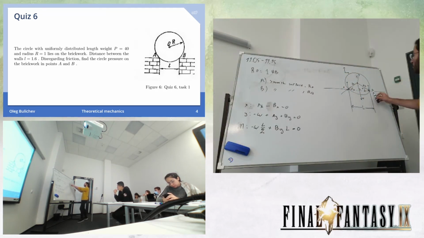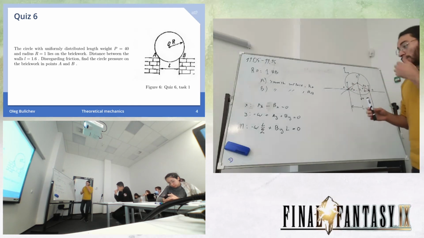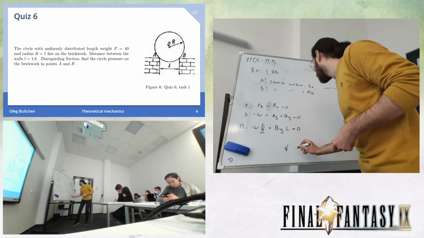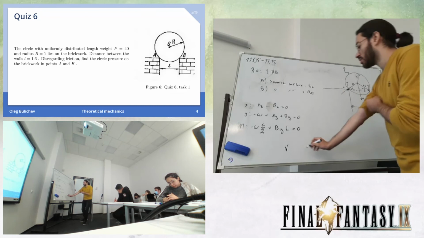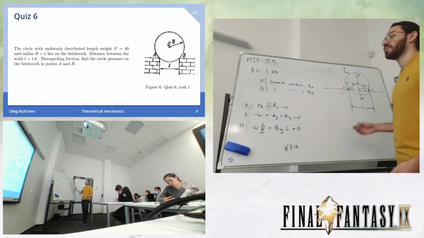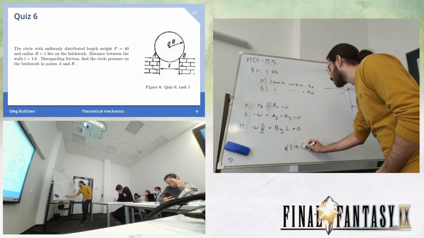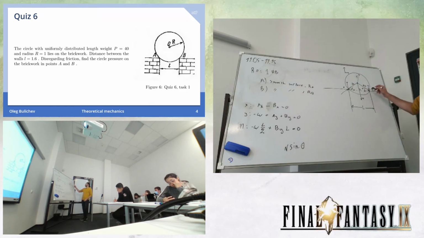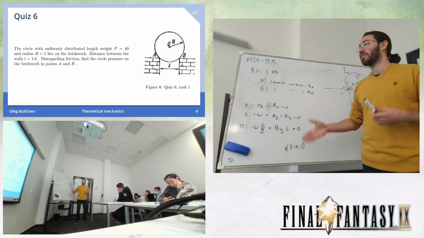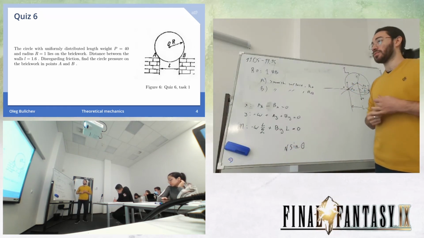So I have my reference here, like my origin here, and this force. Okay. And we can substitute Py for n, like sine this angle, and we can just substitute n for the sine theta. And theta we can get just normally because we know this length, and we know the r. And we'll get the theta, and theta will give us the n from the first equation, and n is the normal force.